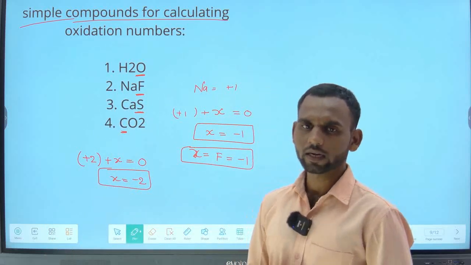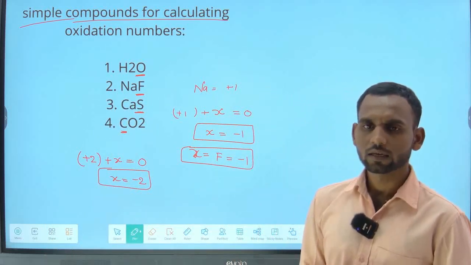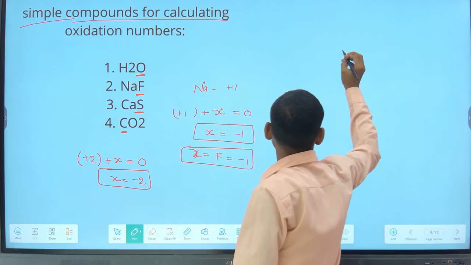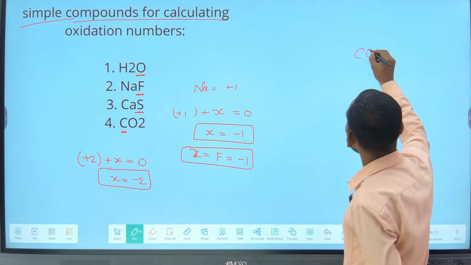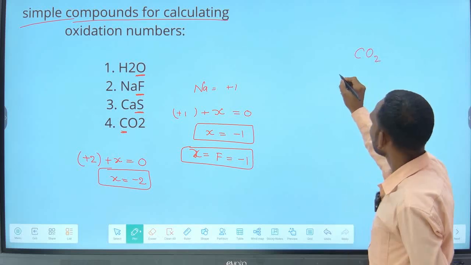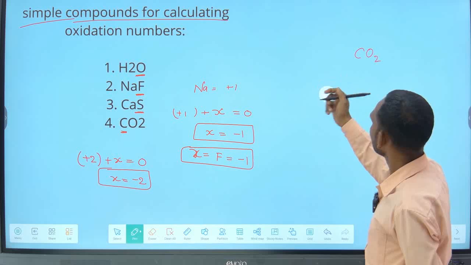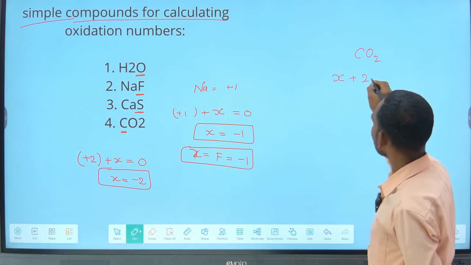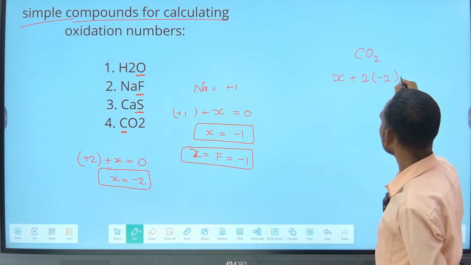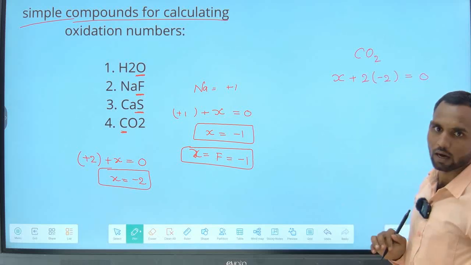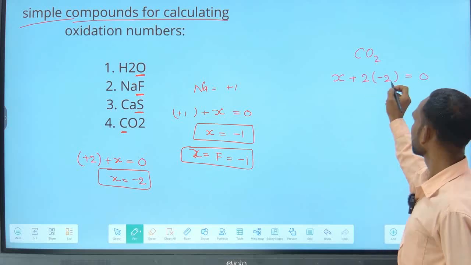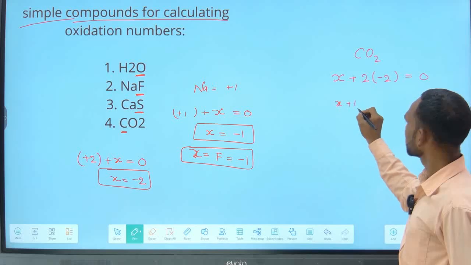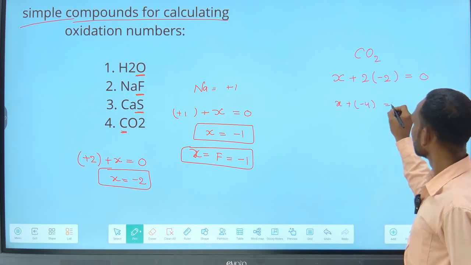Next, carbon dioxide. In carbon dioxide, CO2, calculate the oxidation state of carbon. Suppose carbon is X, plus the number of oxygens, 2, each with -2, and there is no charge on the molecule, so the total equals 0.